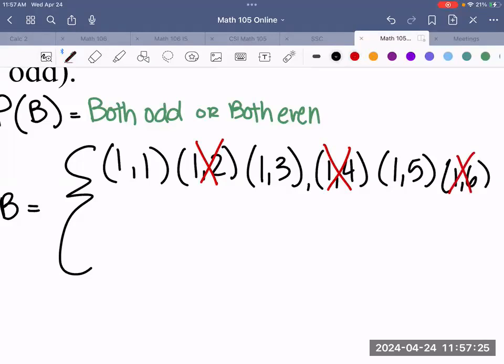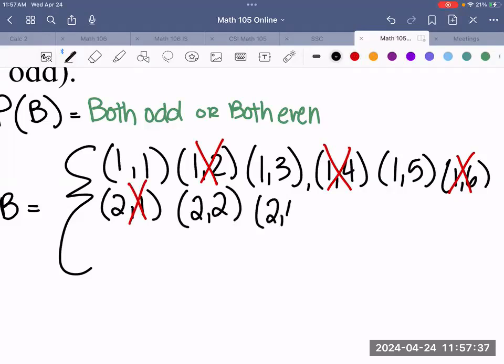Okay, move on to 2. Does 2 and 1 work? No. You're kind of getting the idea here. 2 and 2 works. 2 and 3 does not work. 2 and 4, 2 and 6.